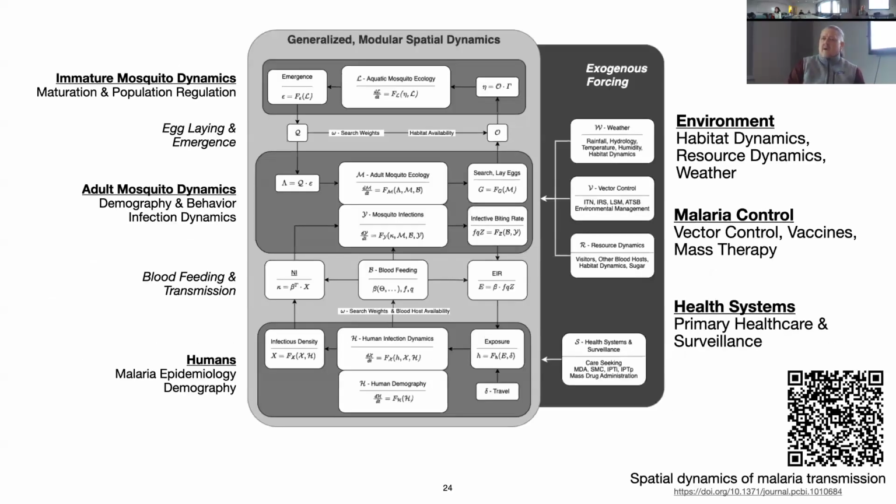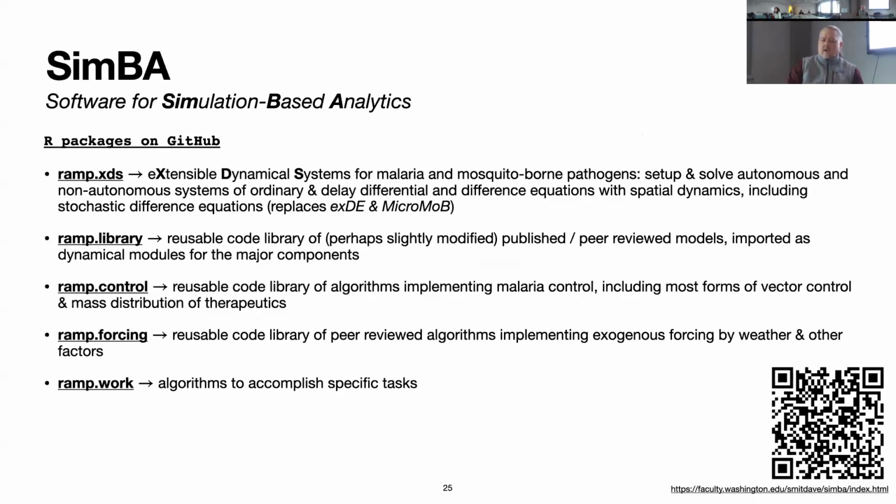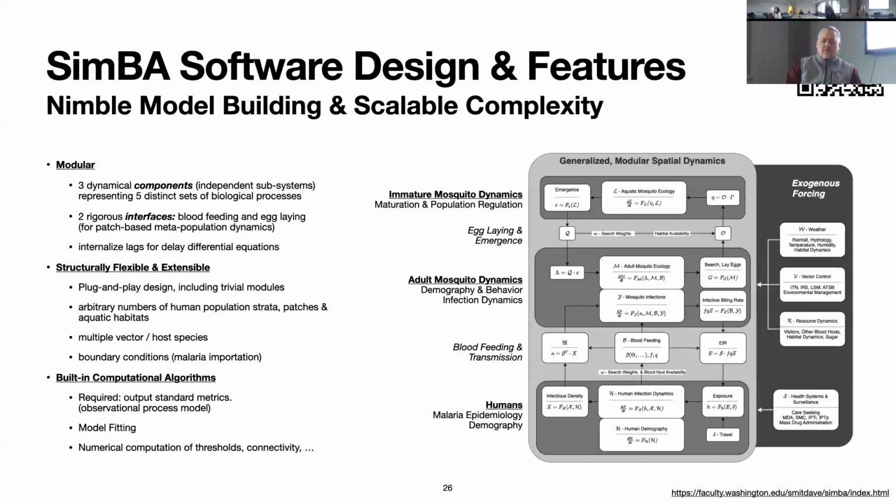So what we did is we built a mathematical framework so that we could take any models and do plug and play. We turned it into software, which is up here, SimBA. What does SimBA do? It cuts malaria into three big pieces. There's aquatic ecology, what the immature mosquitoes are doing in the aquatic habitats.